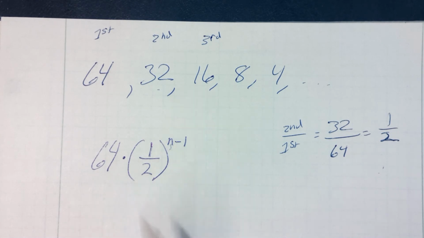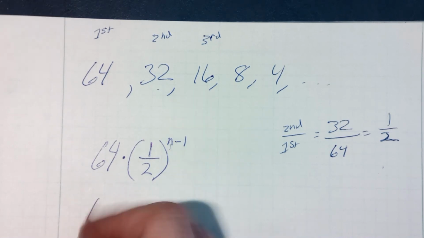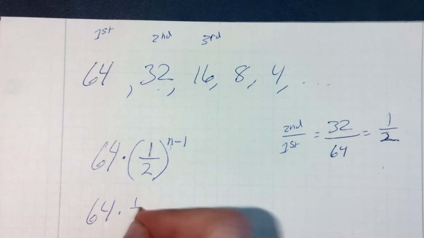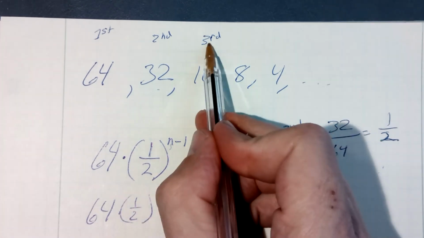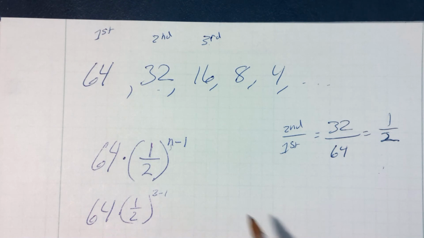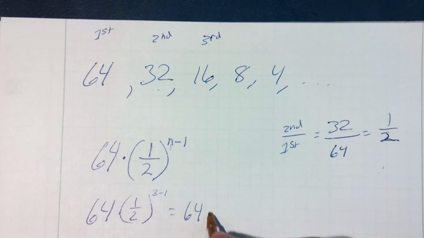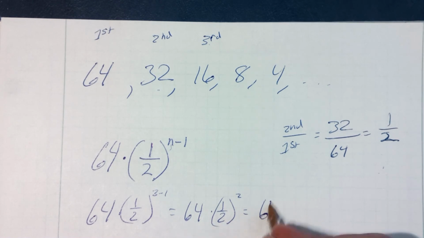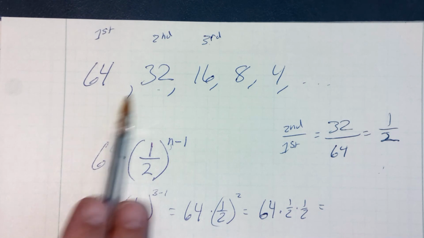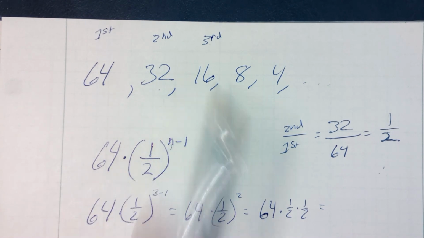Or maybe I should write this out so you can see it. If I plug in a 3 for my third term, that equals 64 times 1/2 squared, which means 64 times 1/2 times 1/2. And if I multiply by 1/2 twice, I get to 16.